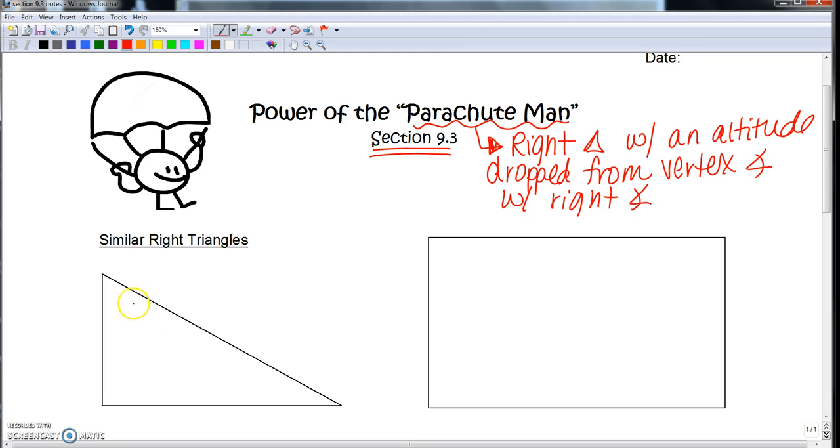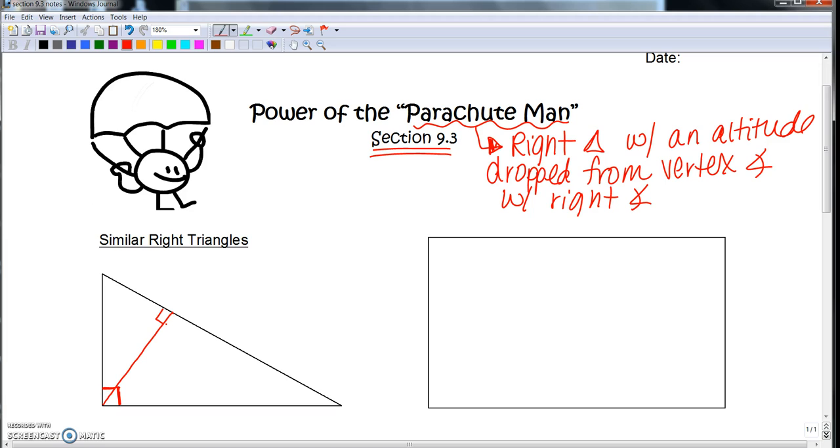So if you guys look at this picture here, here's what I mean by that. Here's my right triangle with a right angle. If and only if you see an altitude dropped from that vertex to the other side, that is the only time that you can use this Parachute Man trick that I'm going to teach you.